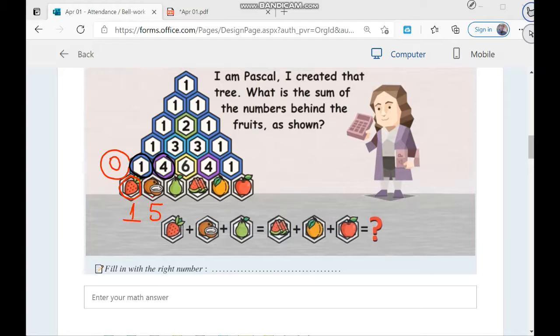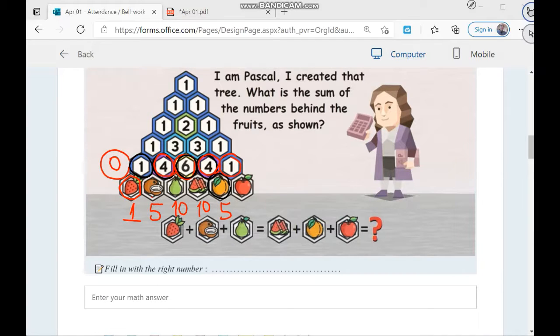To find the number behind the pear, we need to add the two numbers on the top. It's going to be the 4 and the 6, right? 4 plus 6, 10. Same thing with the watermelon. We add the 6 and the 4, is also 10. The next pear, we add the 4 with the 1, is 5.